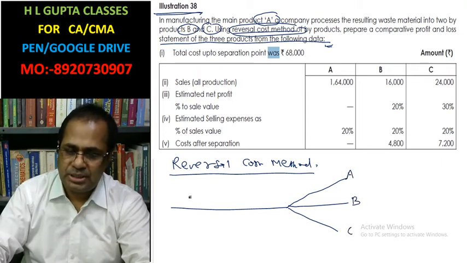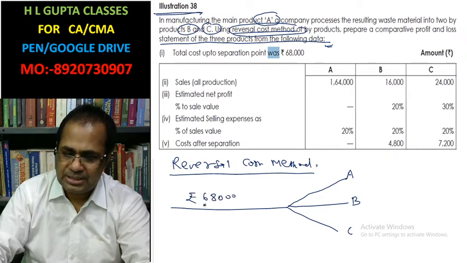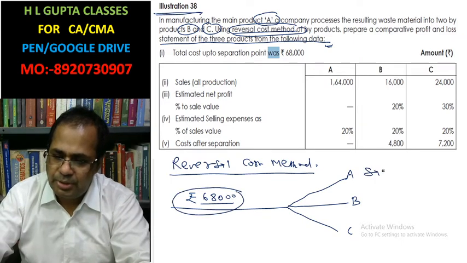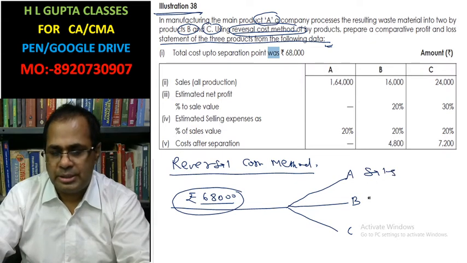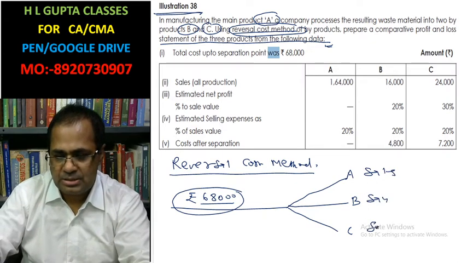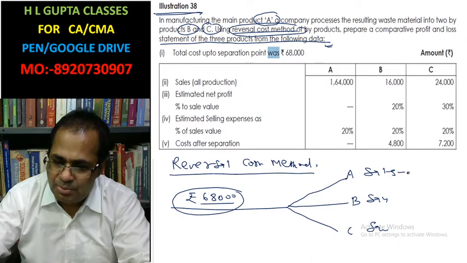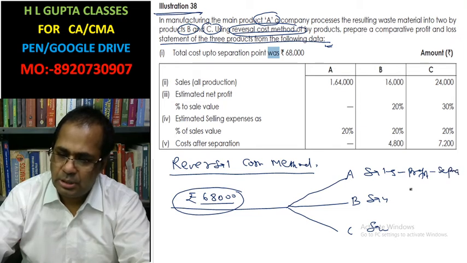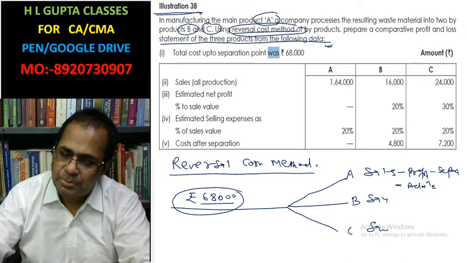This expenditure incurred, 68,000, is a joint cost. Okay, there must be some sales revenue here. After the sales, you subtract the profit, the separation cost, any administrative cost incurred, and any selling expenditure.